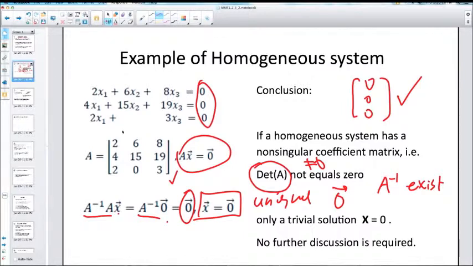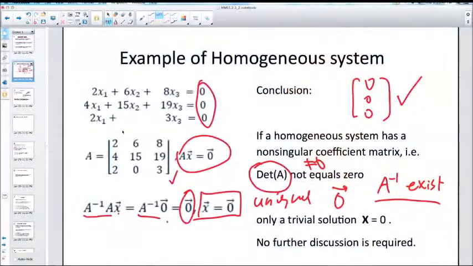No more questions. So I'm saying if it's non-singular, the inverse exists, and there's nothing to talk about for the homogeneous system, because the only thing you get is 0.